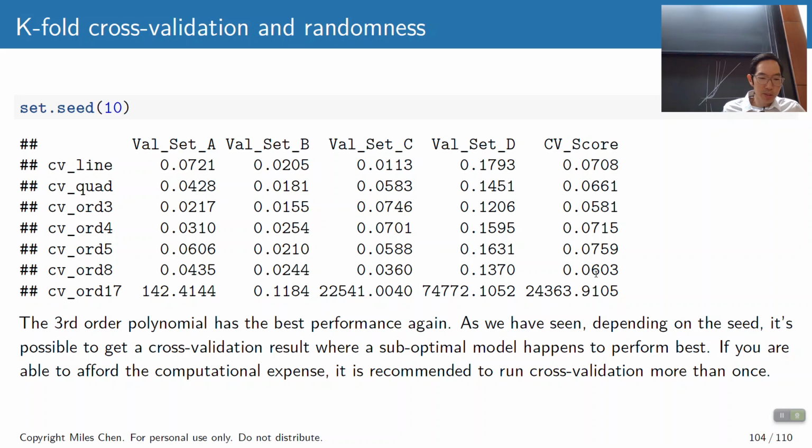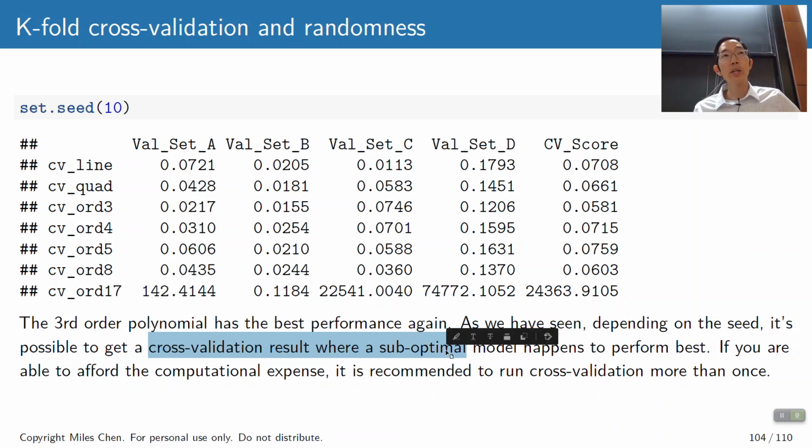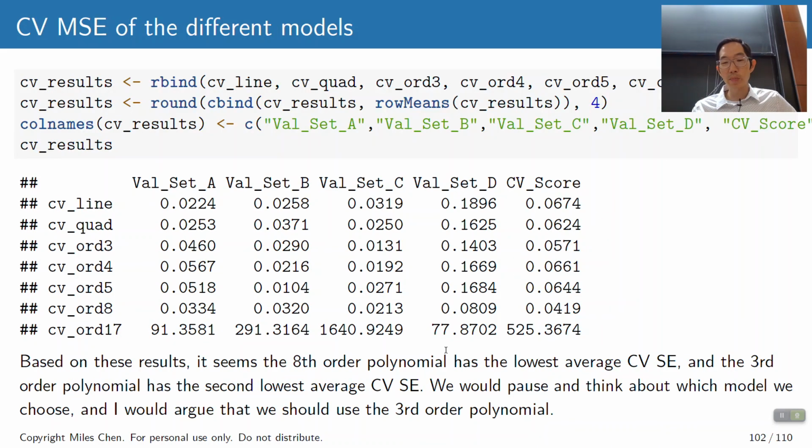Because of the randomness inherent to k-fold cross-validation, it's possible to get a result where a suboptimal model happens to perform best. If you only did this one time, you might say, let's go with the 8th order polynomial, and that would be the wrong decision.